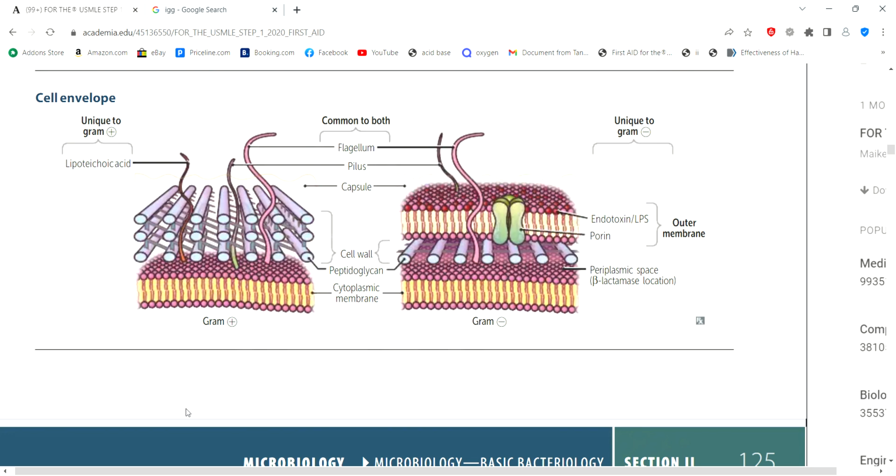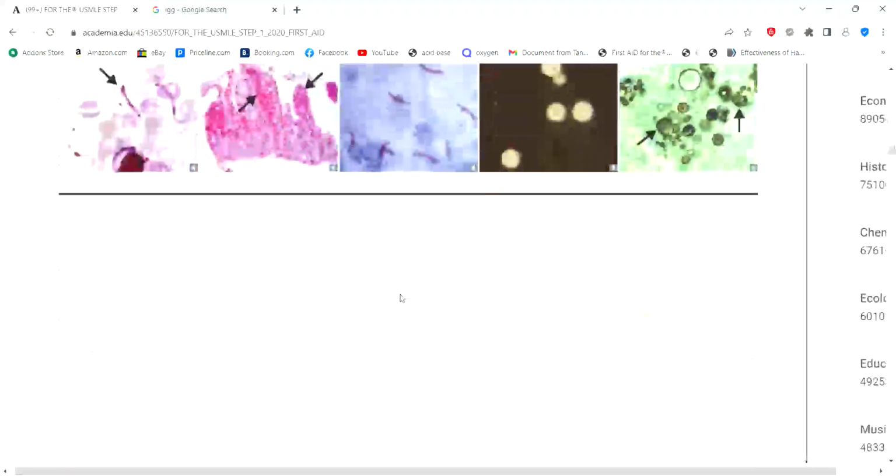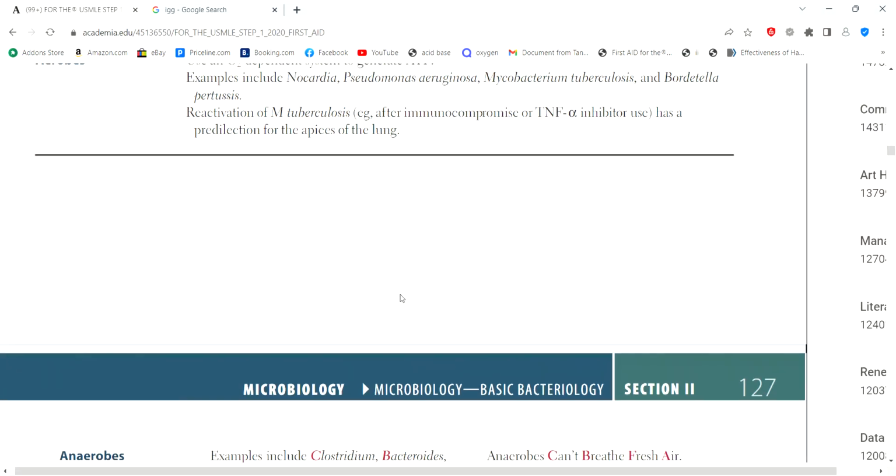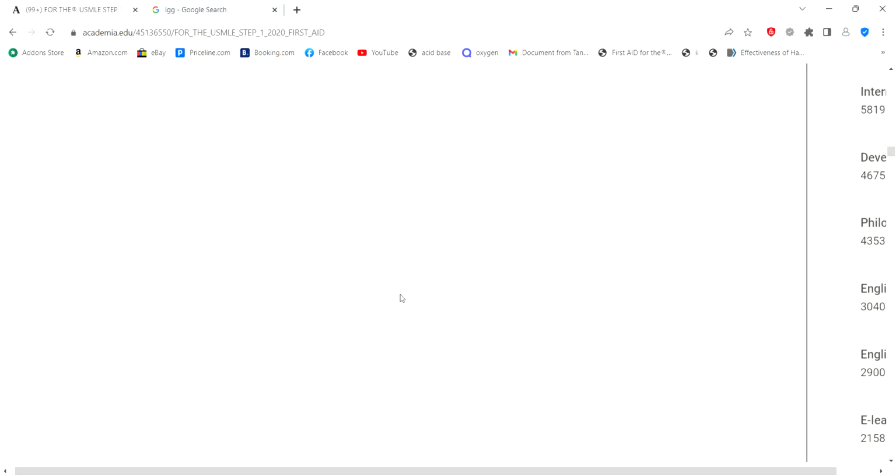This is for gram-negative and gram-positive bacteria. This penicillin binding protein is found in the cytoplasmic membrane. Don't forget, right here, the cytoplasmic membrane, which is also known as the cell membrane. We can come back to basic microbiology later, but I just wanted to quickly point that out.